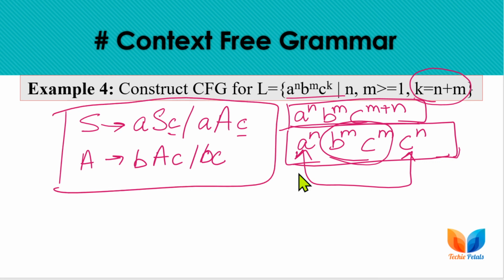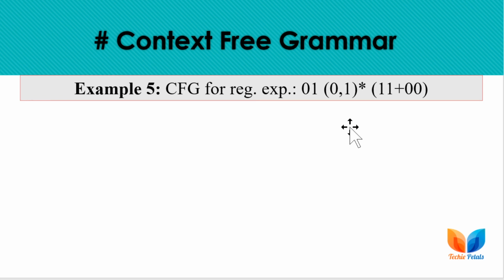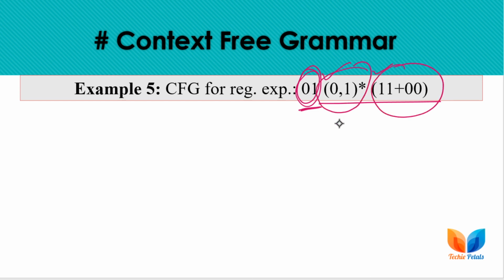You can simplify a language to understand it better, and then start writing the production rules. The last example is to write the context free grammar for this given regular expression. As we have already practiced some examples of this type, we need to derive the fixed portion from the start symbol only, and for the varying portion, where there are chances of multiple occurrences or iterations, we assign non-terminals for those sub-regular expressions.